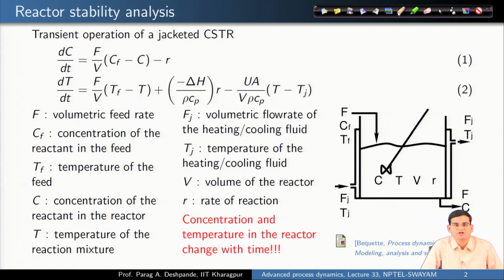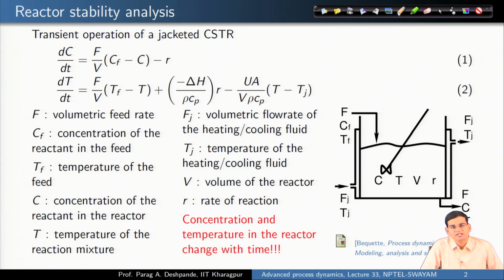The flow rate of the reactants, for example, is a forcing function. The temperature of the jacket can act as a forcing function, and so on. So, we will see how the dynamics of the system behave in this particular case.